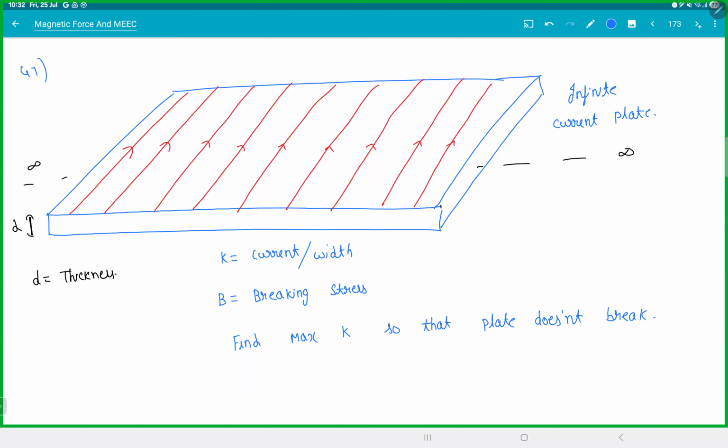What is the catch? Why will the plate break? That is the main thing. If that is the only thing, solving is easy. Who is creating the force on the plate to break?